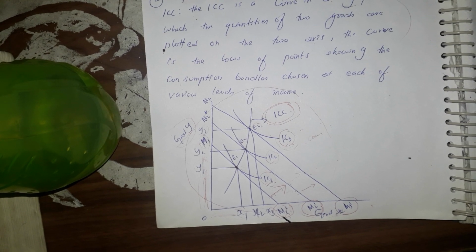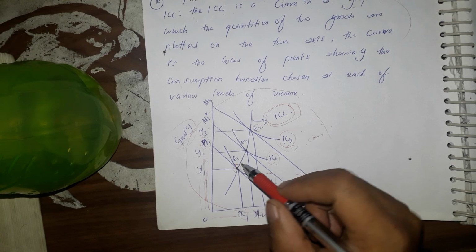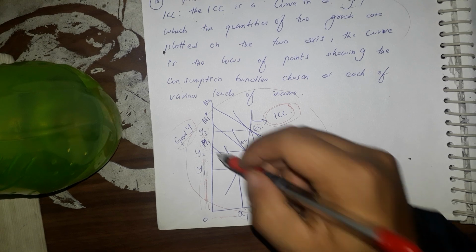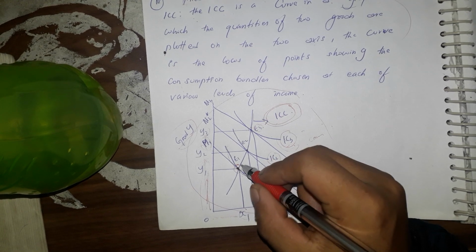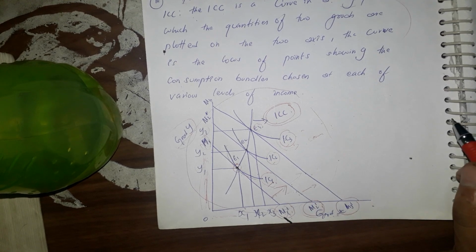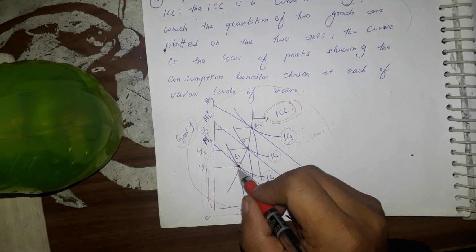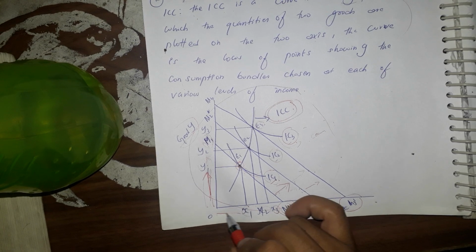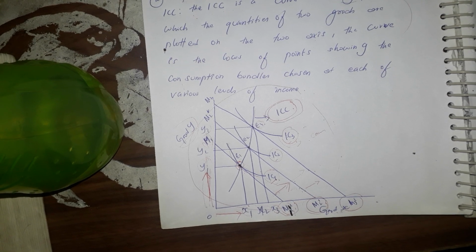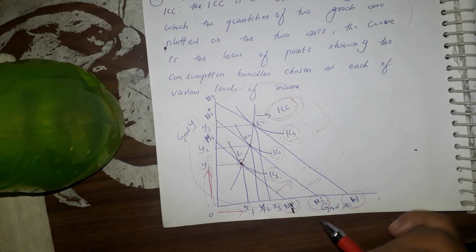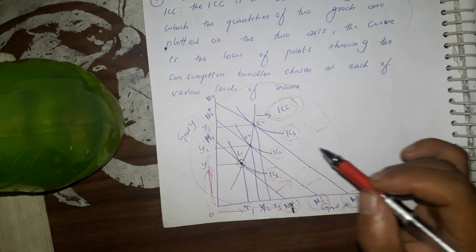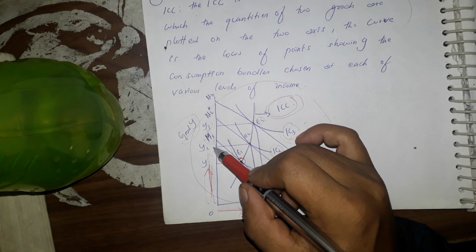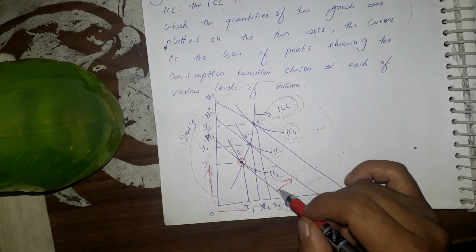First, let's assume the initial point E1, where the consumer's indifference curve and budget line are tangent. Here we obtain consumer equilibrium. At point E1, the consumer will be consuming OY1 unit of good Y and OX1 unit of good X. As the consumer's income increases from M1 to M2, our budget line also shifts.